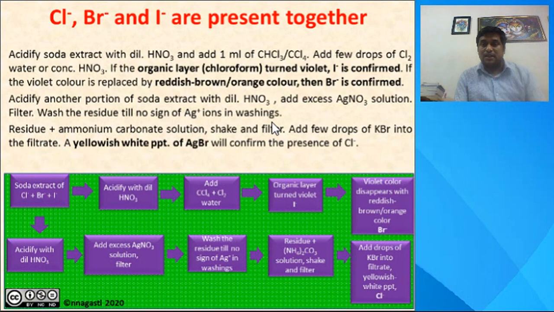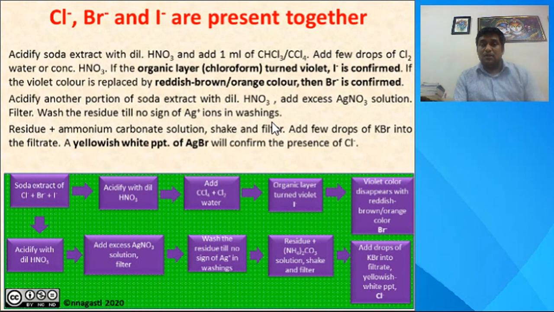When all three halides are present and you add silver nitrate, all three precipitates form: silver chloride, silver bromide and silver iodide. You wash the residue till there is no more silver ion present. Now take the residue, add ammonium carbonate solution into it, shake and filter.